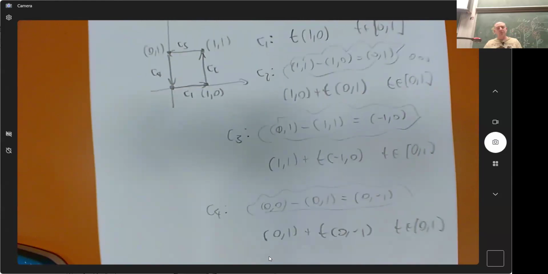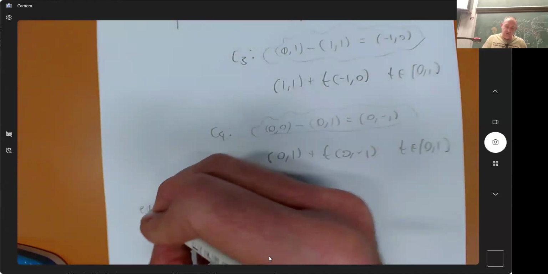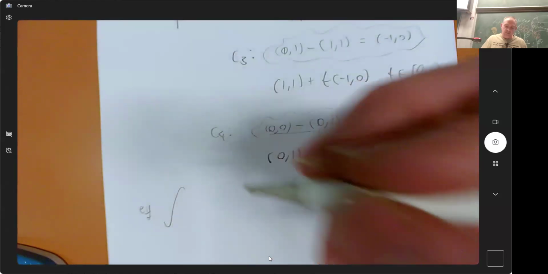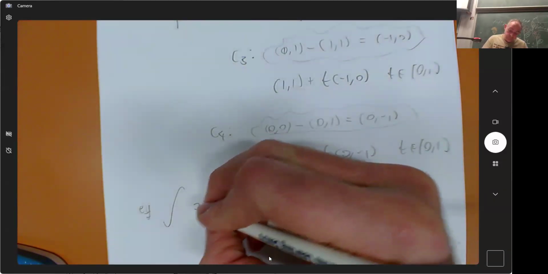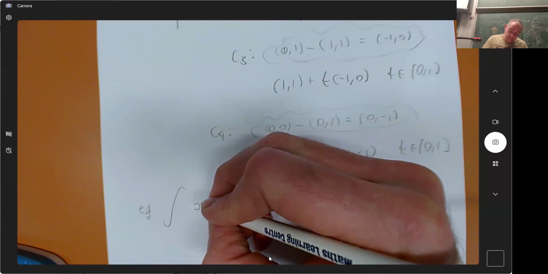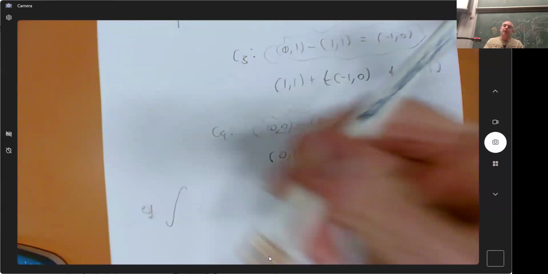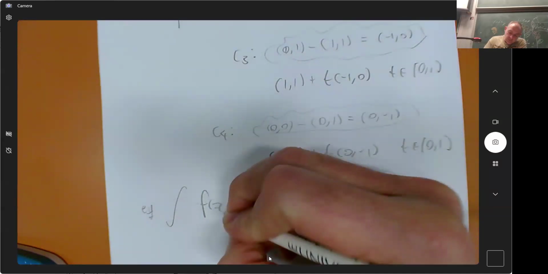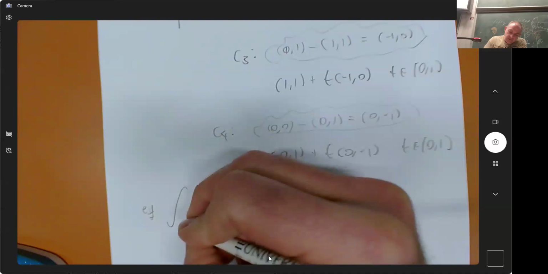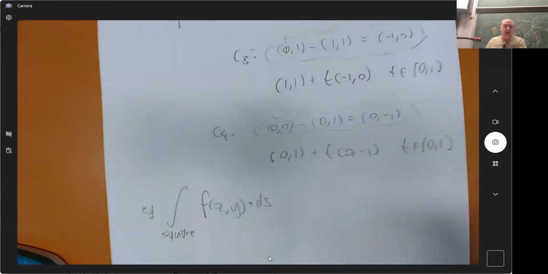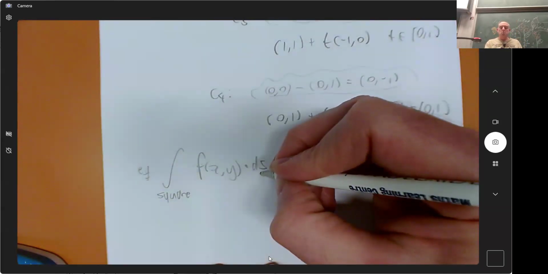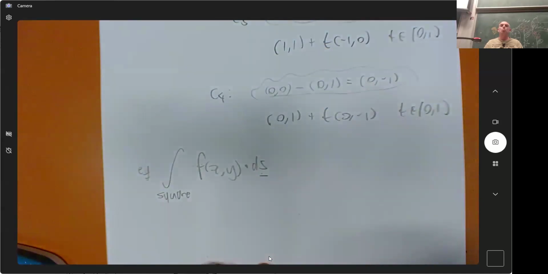And if I did the integral, just as an example, if I did the integral of f of x, y, ds around the square, right, like that. Yeah, that's flux.